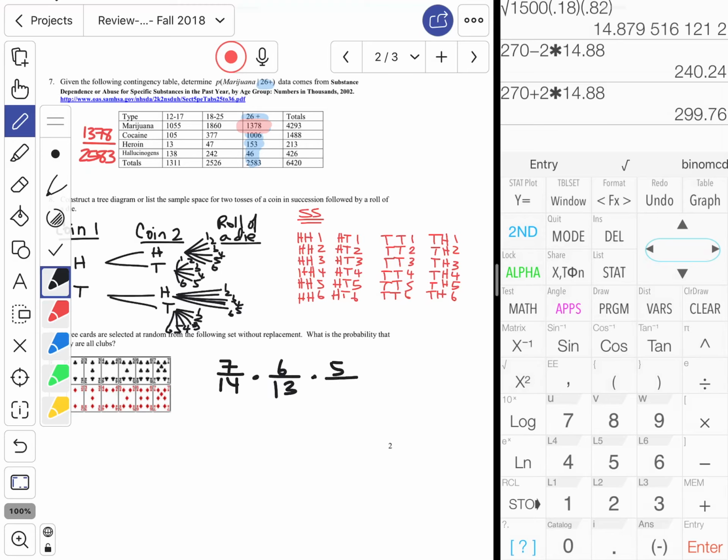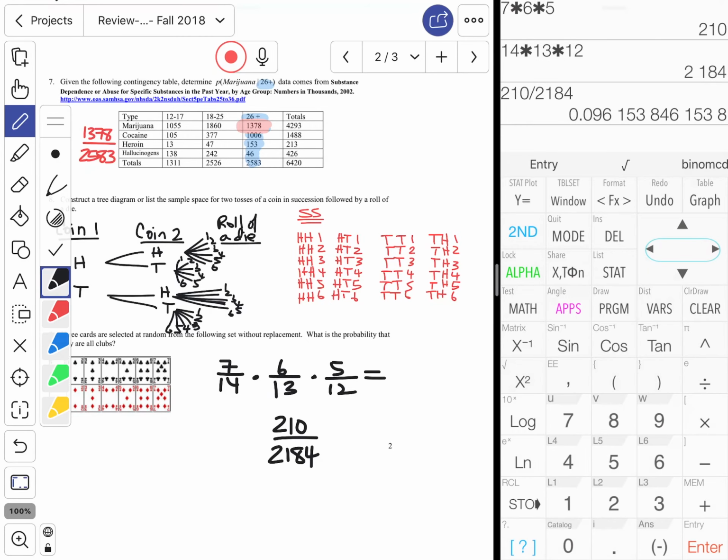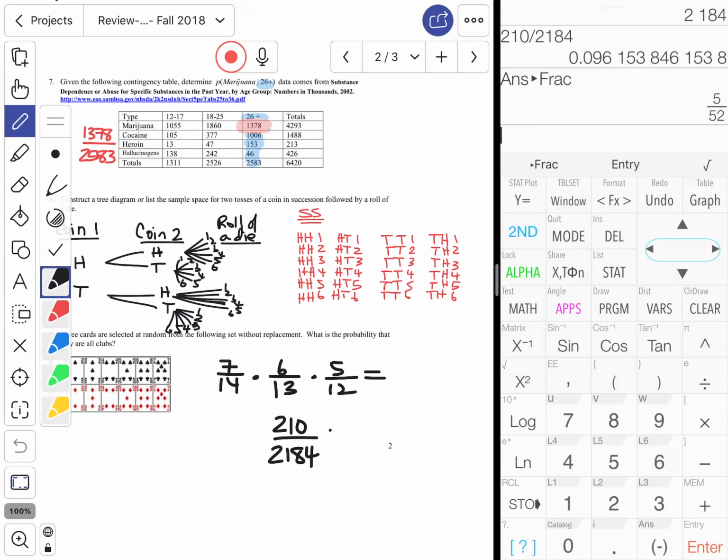And then if I select another one at random, any of the remaining 5 clubs would be possible out of the 12. So 7 times 6 times 5, talking 210, over 14 times 13 times 12. 2184. And it would simplify somewhat. You know, not the most neighborly looking fraction in the world, but not a terrible one either.